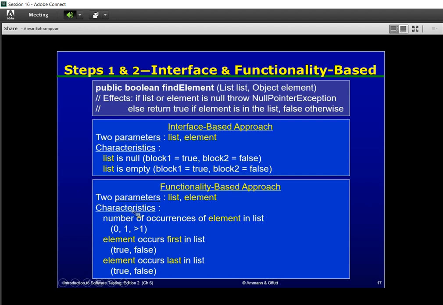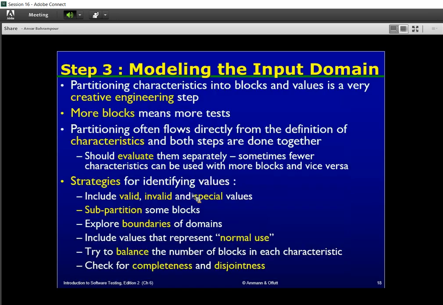So these characteristics could not be considered in that approach. This could be considered just in the functionality-based approach.